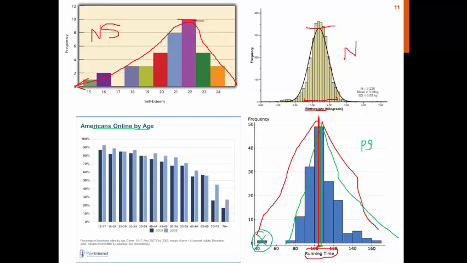The last one, Americans online by age. Notice here at the bottom we have our age ranges. So instead of the midpoint, they actually put the range. And because the bars don't touch, it's still a histogram because we have a quantitative variable down here, but we have two bars representing 2005 and 2008.